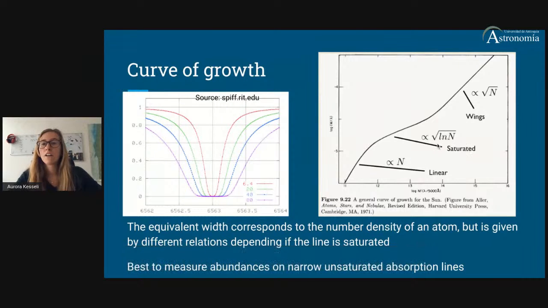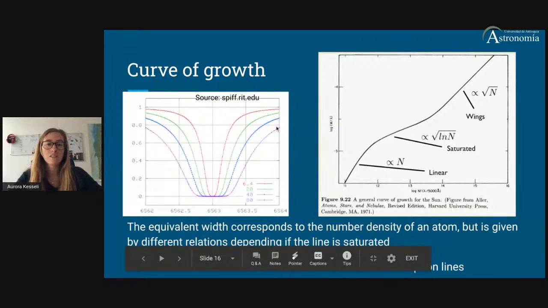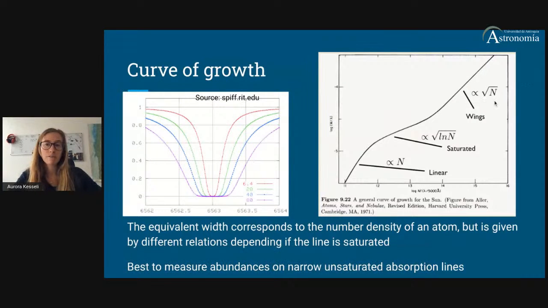Now the square root of the natural log of the abundance scales with the equivalent width. And then once we get to be very saturated, the wings start to deepen, and you're in a different regime where the square root of the abundance is now proportional to the equivalent width.